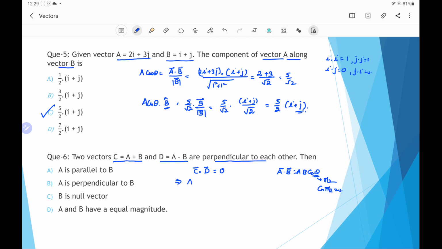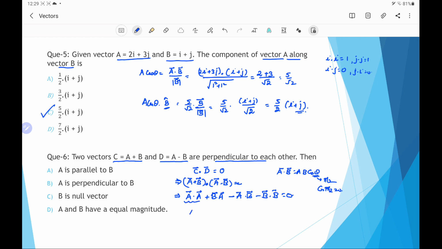Substituting the value of C, this is vector A plus vector B dot vector A minus vector B. Now opening this bracket with dot, we will have A dot A plus B dot A minus A dot B minus B dot B, and it should be equal to 0.